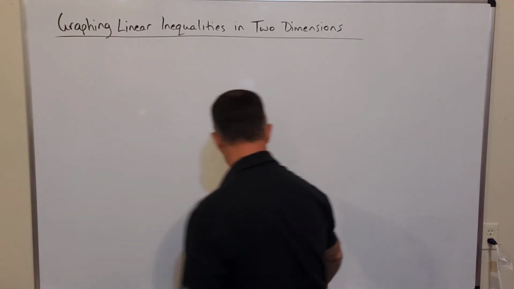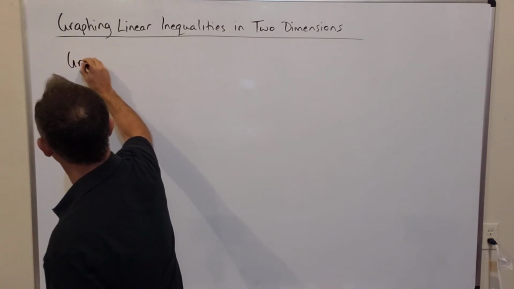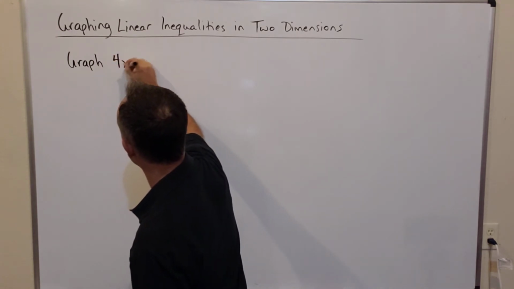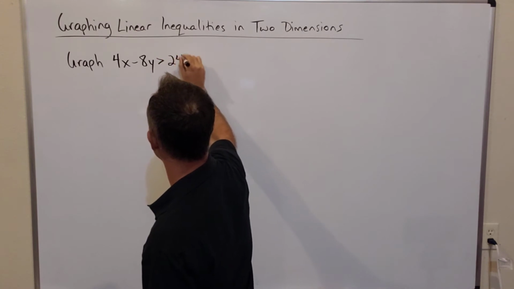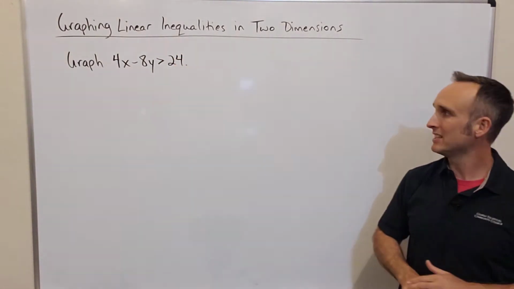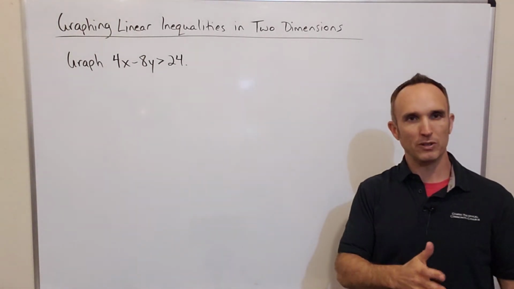Okay, so let's graph, and remember what we're really doing is graphing the solution set, but it's often described as graph 4x minus 8y is greater than 24. So now, this is not in slope-intercept form, and you don't have to put it in slope-intercept form either.